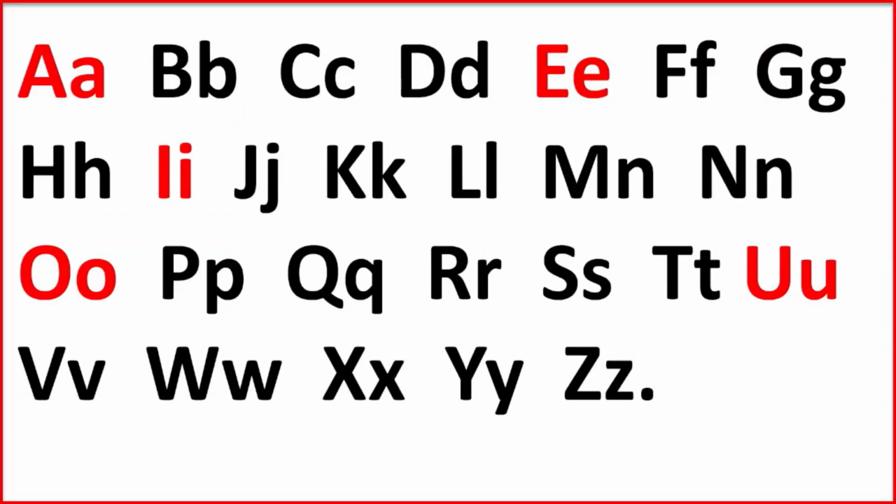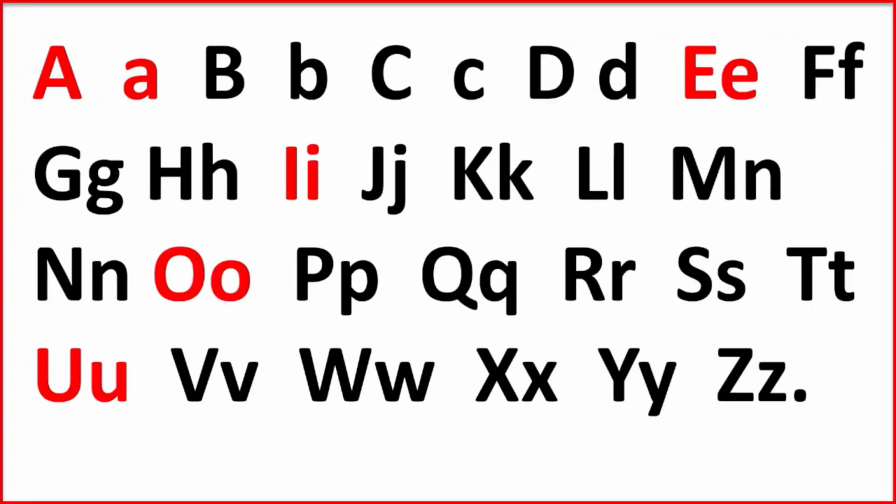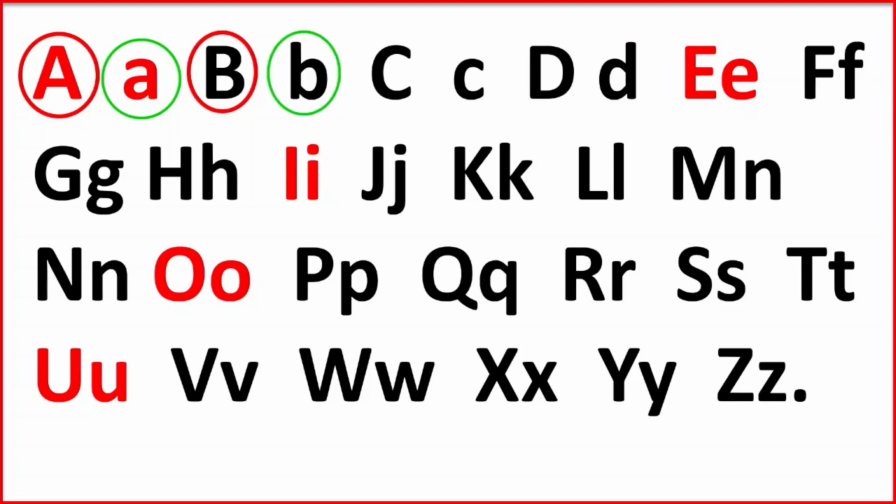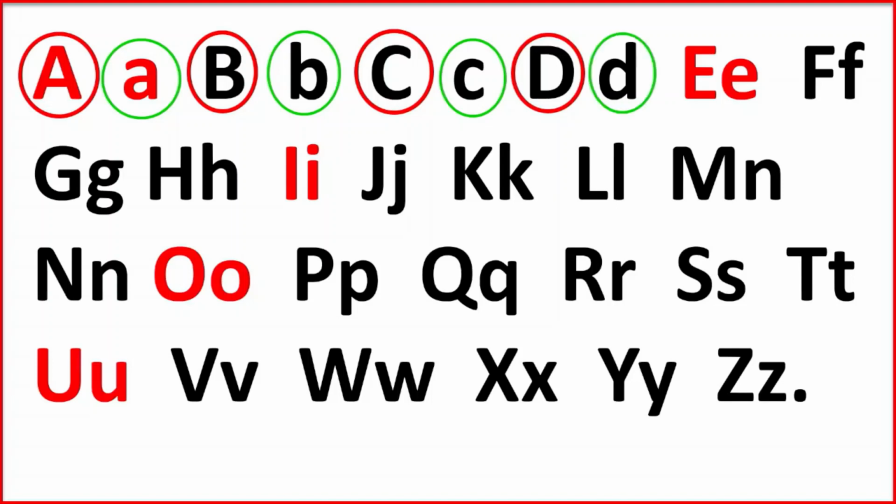In English, we have capital and lowercase letters. For example, this is capital A, this is lowercase a, this is capital B, this is lowercase b, this is capital C, this is lowercase c, this is capital D, this is lowercase d.